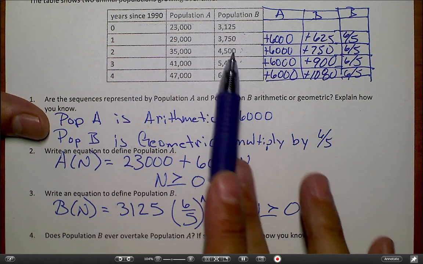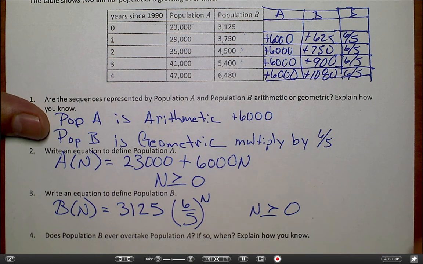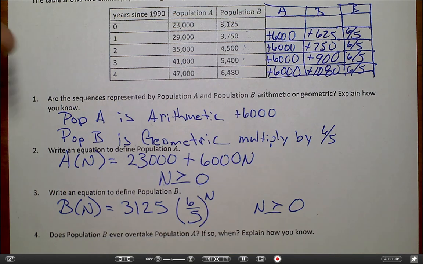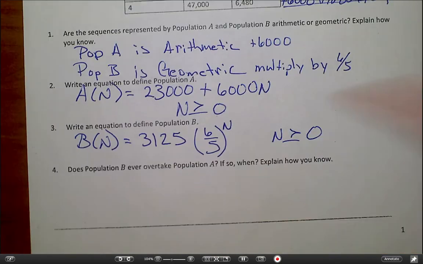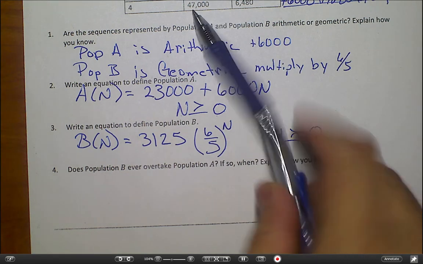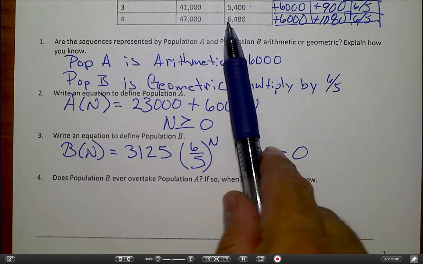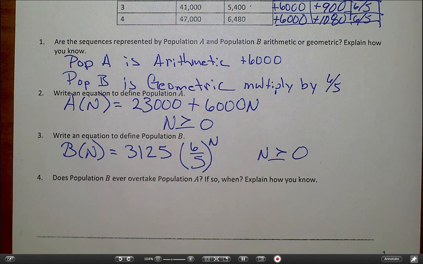So notice how it's going up? Okay, good. So, does population B ever overtake population A? This is a lot to overtake, right? What's that, 47,000? And over here it's like just down to 6,000. Is it going to overtake it?